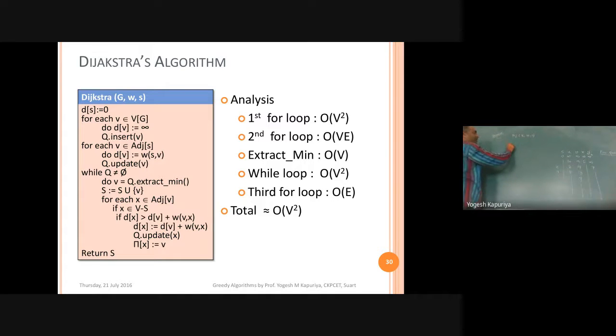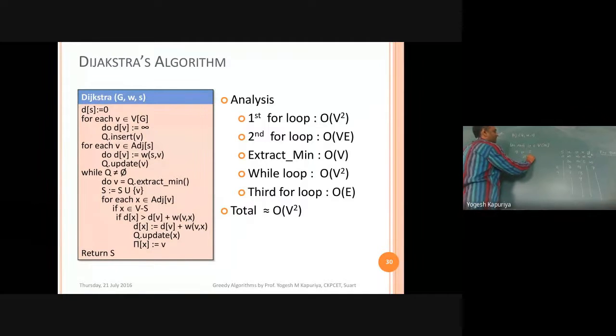I will simply write: for each vertex belongs to V of G, if V equal to S, if my vertex is a source vertex, then I will say distance of S is 0, else distance of V is infinity.